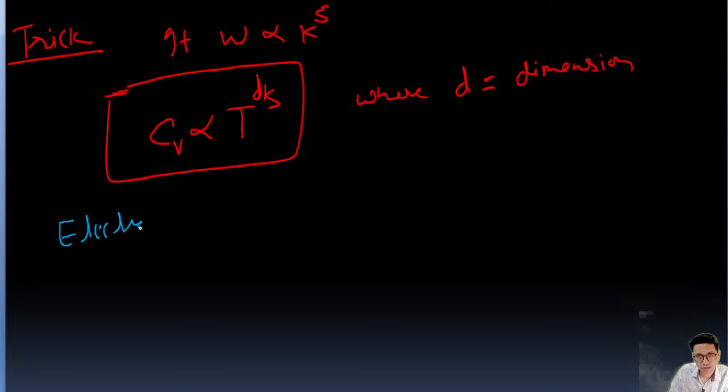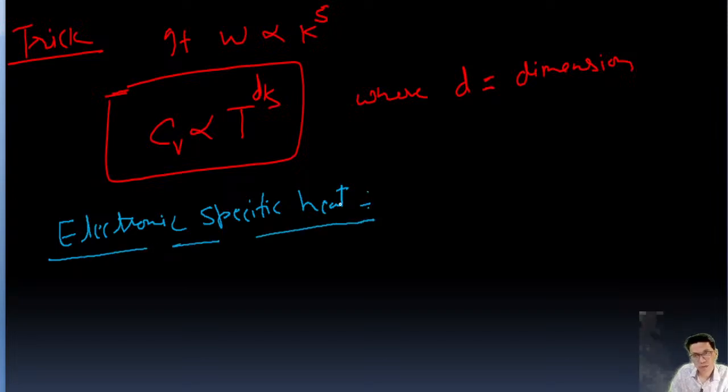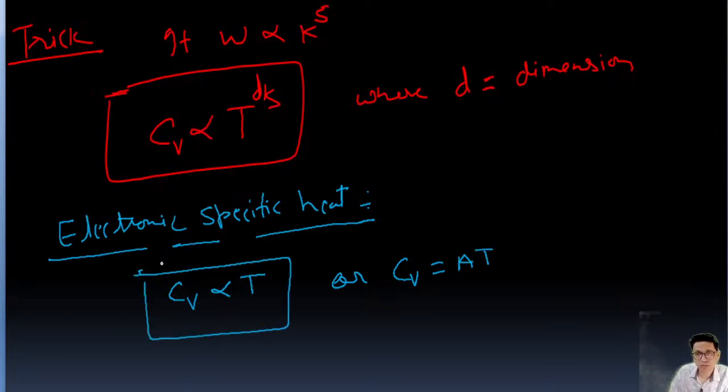So electronic specific heat, that is CV, is going to be proportional to T, or CV is equal to AT. Very important. Electronic specific heat, CV is proportional to T, and CV is equal to AT. A is a constant, guys.